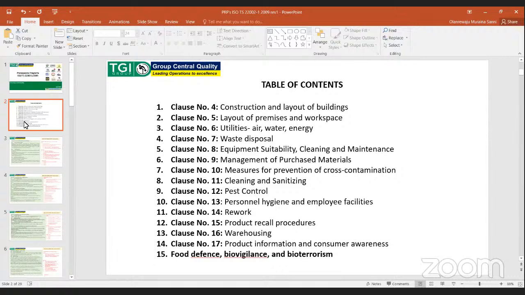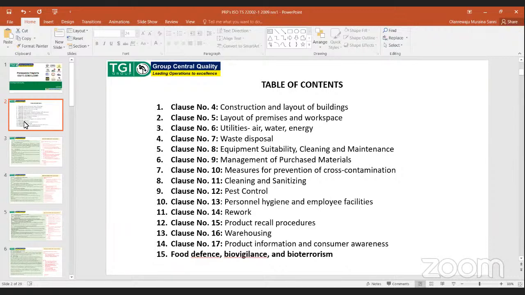It means from clause number 4, we should be able to have corresponding evidence that we are meeting the requirement. So it starts from construction and layout of our building. Clause 5 is talking about layout of premises and workplace. Clause 6 is talking about utility: air, water, and energy.